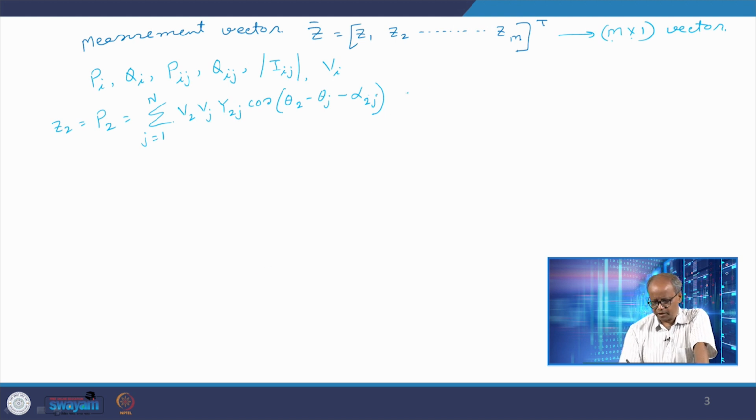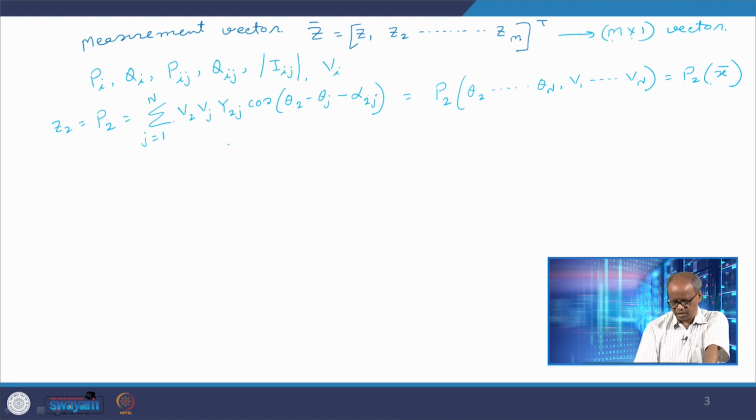So, obviously I can write that it is some function P2, and this is a function of the unknown states theta 2 to theta n and V1 to Vn. So, I can say that this is a function of the state vector x. Ultimately, I can say that z2 is equal to P2, which is the measured quantity, but this quantity is a function of this unknown vector x.